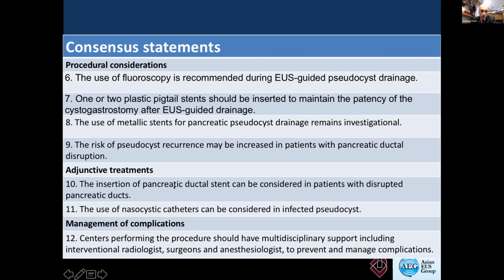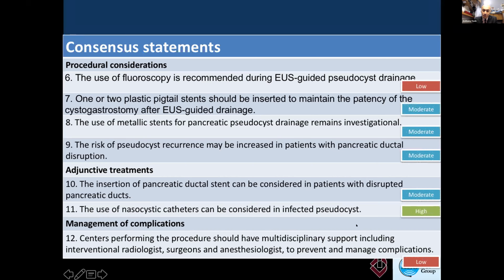In patients where they can see an obvious leak in the PD, particularly on the MRCP, then you can consider a PD stent. And in patients with infected pseudocysts, you can put in a nasocystic catheter to irrigate or aspirate the pseudocysts. And in terms of complications, then definitely you would need a multidisciplinary approach.